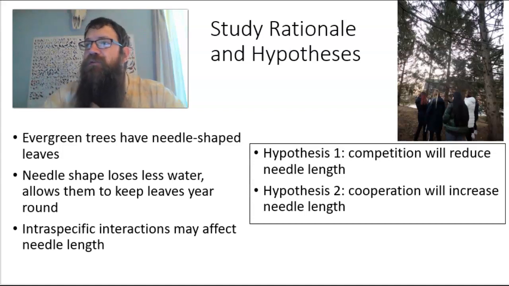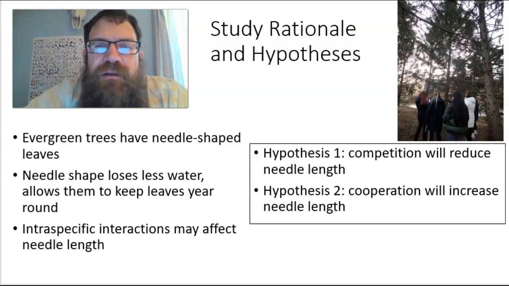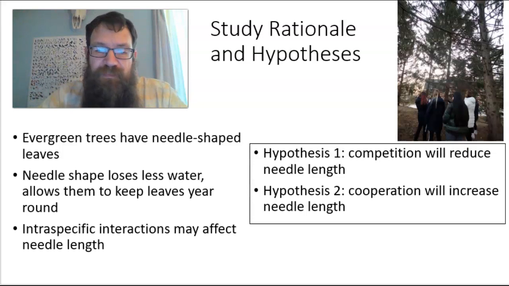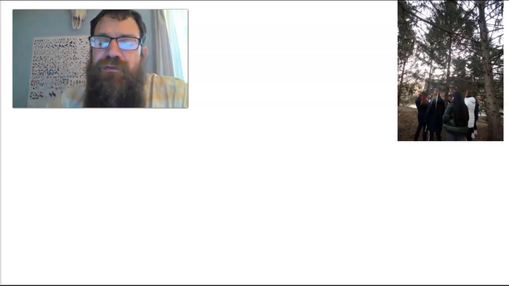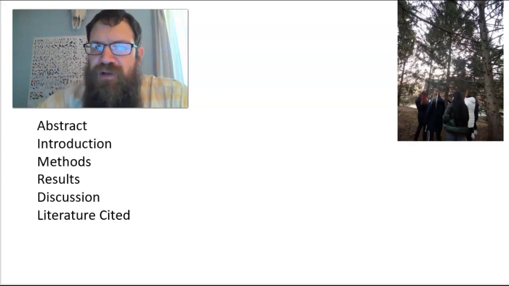Now, I'm going to have you write this paper then in the style of a peer-reviewed journal article. So the same sort of thing that you might read in a scientific journal is how I want you to write this. And so we're going to talk about what that's going to look like. The general parts of any peer-reviewed publication, scientific publication, is going to be an abstract, an introduction, a methods, results, discussion, and literature cited.